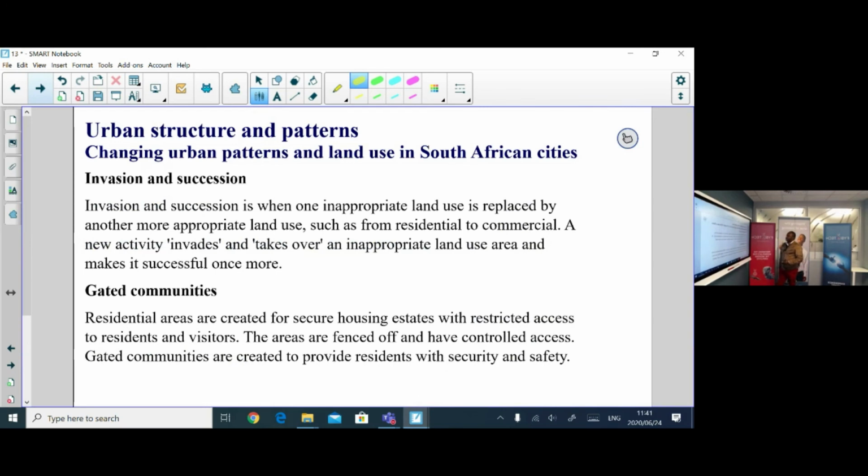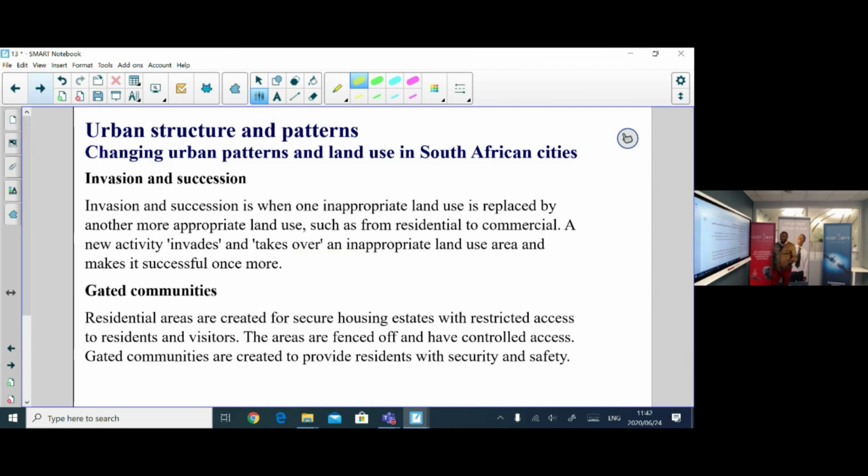Then let's look at other factors here, invasion and succession. Invasion and succession is when one land use is replaced by another more appropriate land use, such as from residential to commercial.